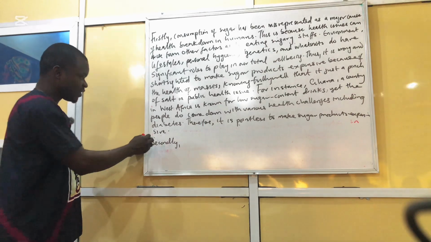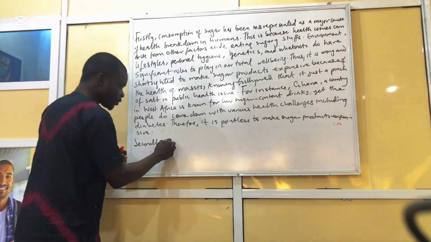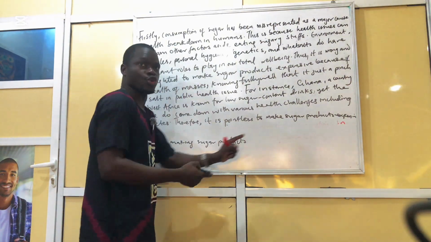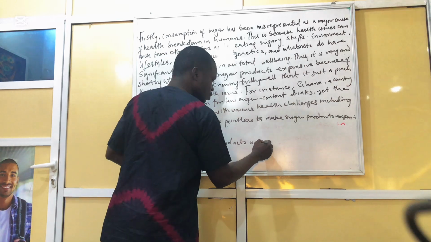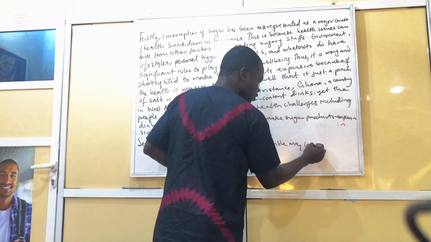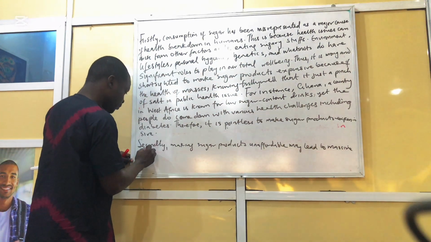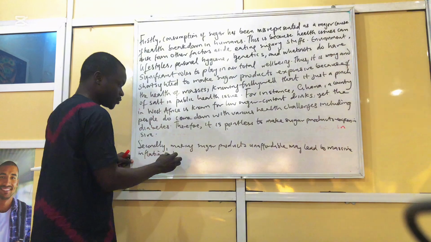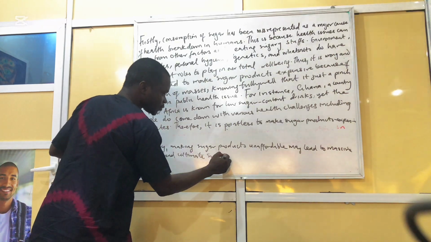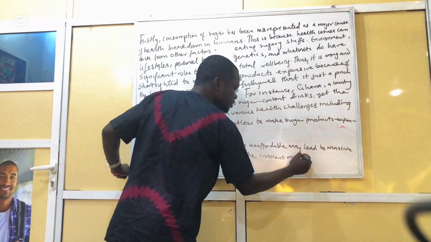Secondly, making sugary products unaffordable may lead to massive inflation and ultimate suffering for the innocent masses.